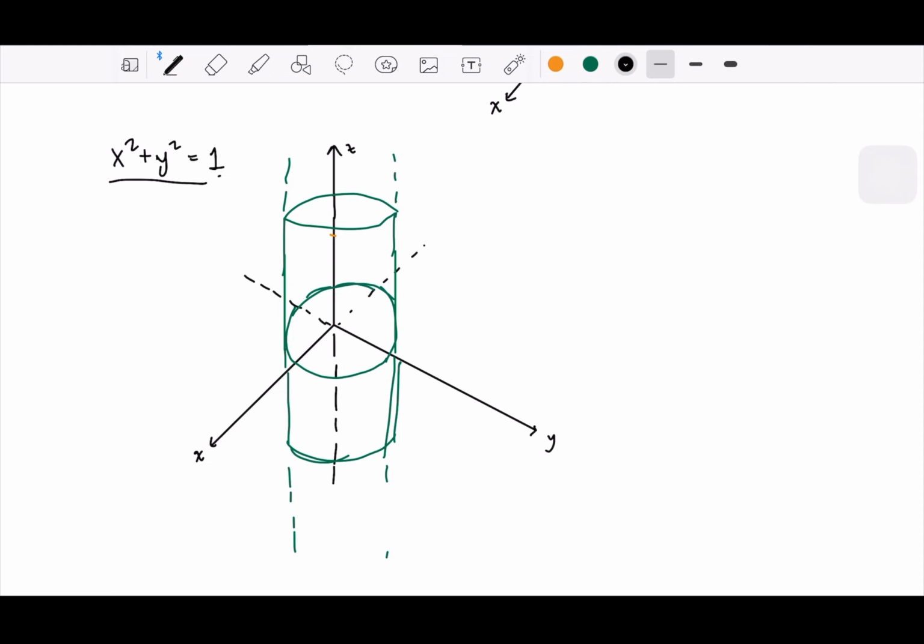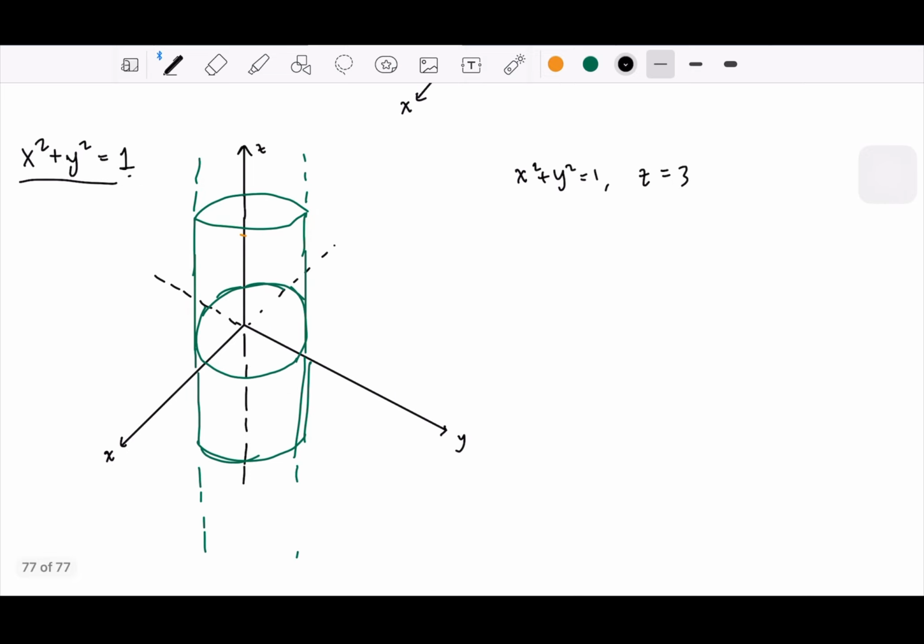And if you have x squared plus y squared equal 1, and then z equal 3, so you have these two equations that restrict your sketch, then this means that this is precisely a circle on z equal 3. Maybe it's too big. Maybe like this. Okay.